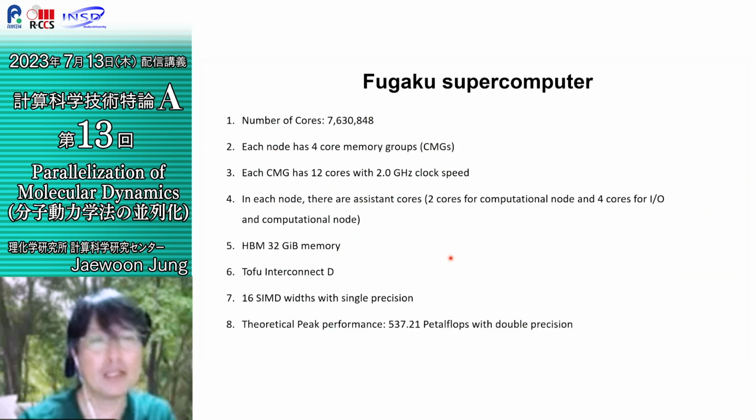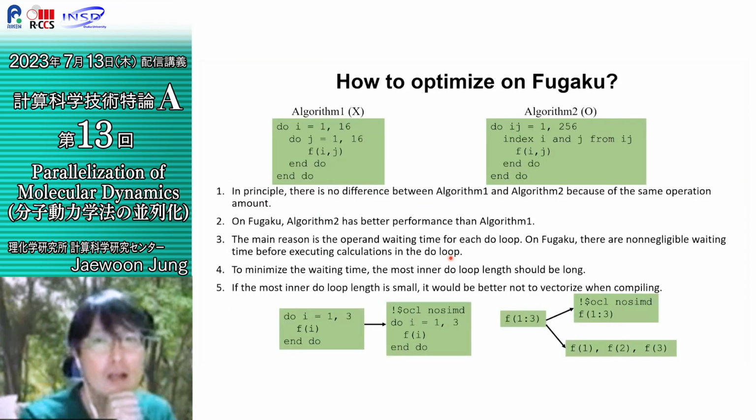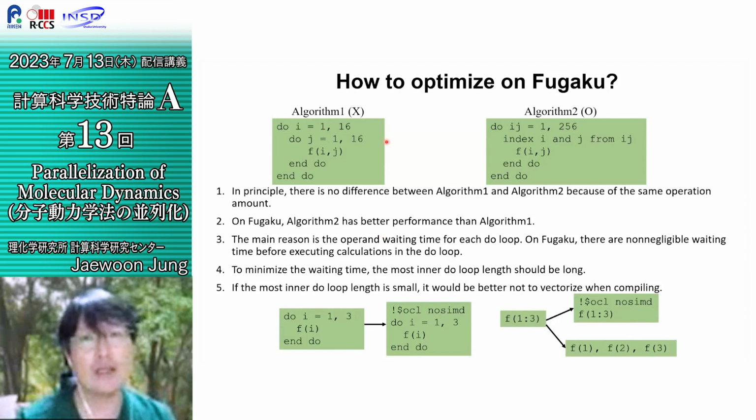As for Fugaku, I think you can understand the information, so I'll skip here. On Fugaku, based on the co-design, we found that there are several things to be considered. To understand this, let's consider two algorithms.